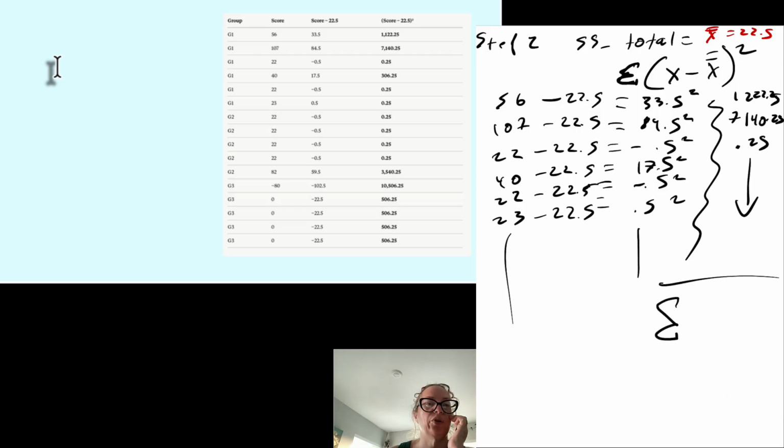Okay, so if we look at each group, we have the appeasement group, which is what we were just working on, Adam's appeasement group. The sum of squared total is 8,569.5. For Jefferson's group, the war group, that was 3,541.25.